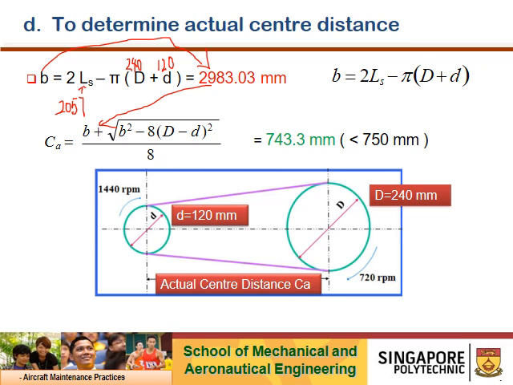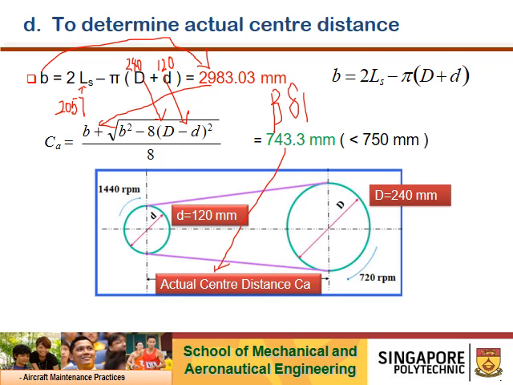Once you get your B, you substitute this value inside here. Then you use 240 and 120 again. You punch in the numbers. Then you will get your actual center distance of 743.3 mm, which is lesser than 750.